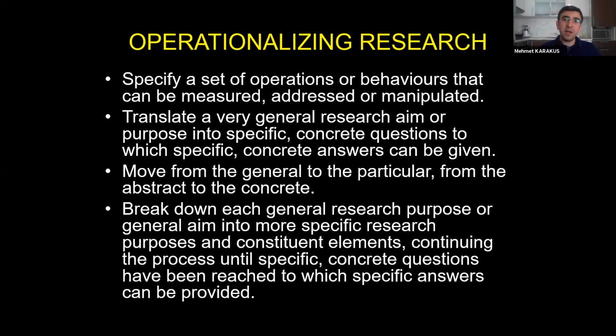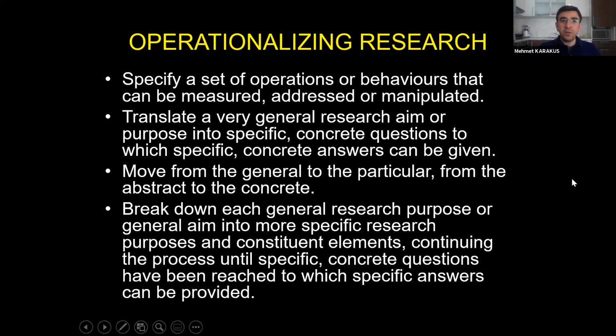How can we operationalize research? We should specify a set of operations or behaviors that can be measured, addressed, or manipulated. We should translate a very general research aim or purpose into specific, concrete questions to which specific, concrete answers can be given.